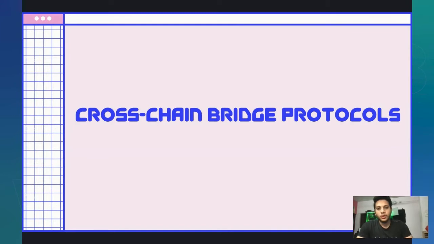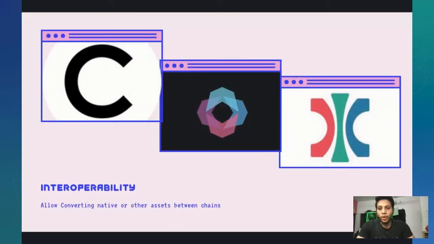But this is where cross-chain bridge protocols come in, and what they do is they let you transfer native assets from one token to another. Suppose I wanted to transfer my Ethereum to the Polygon network. Obviously there are two different chains and they can't easily talk to each other, and especially can't transfer the native tokens. So what I would instead do is go to something like Stellar Network, which is, I think, the biggest name in cross bridging.